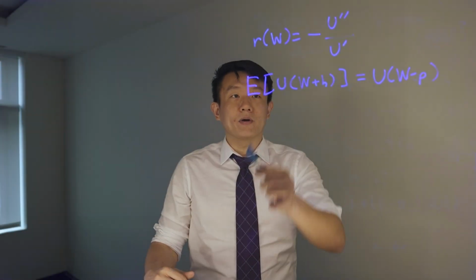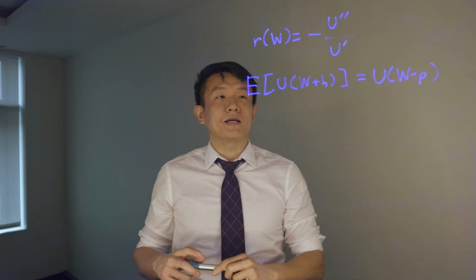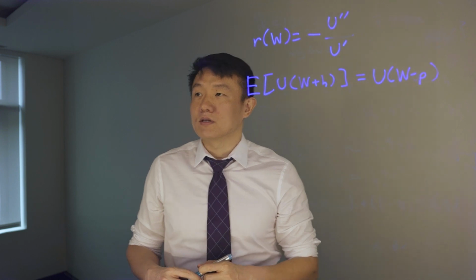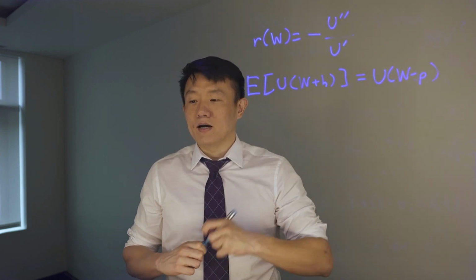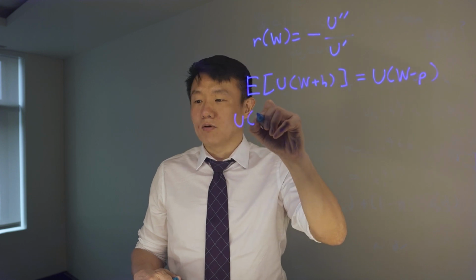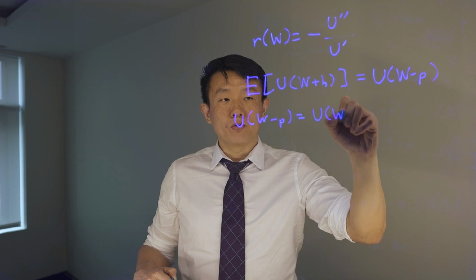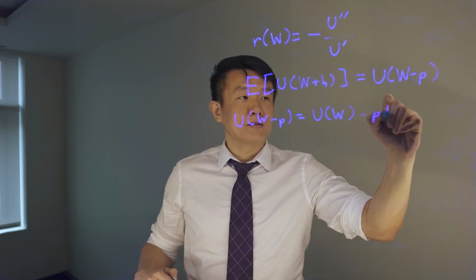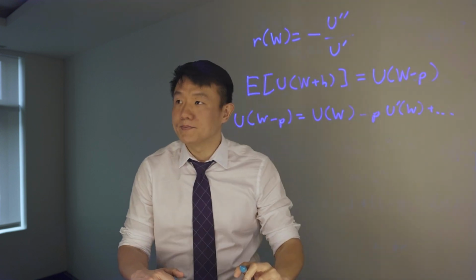To understand how we can derive the risk aversion measure, let's try doing a Taylor series expansion of both sides of this equation. For the right-hand side, we only need the linear approximation. So that's going to be U of W minus P times U prime of W plus other terms, which we don't need.